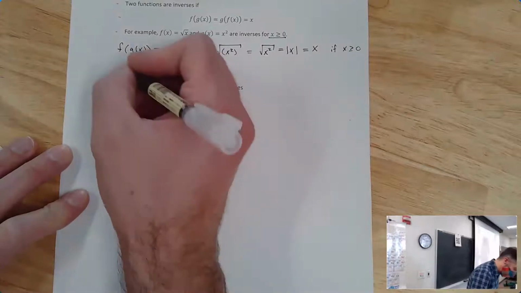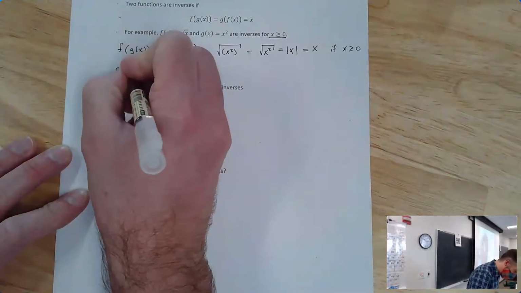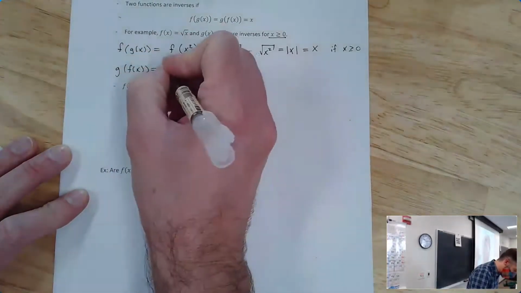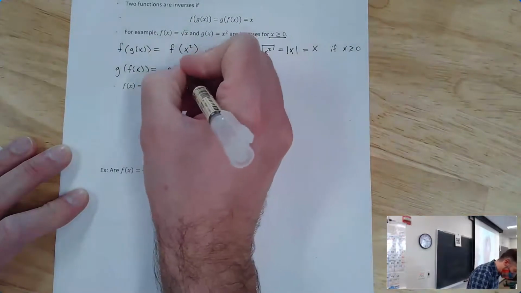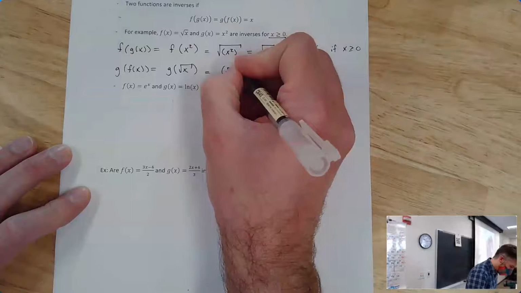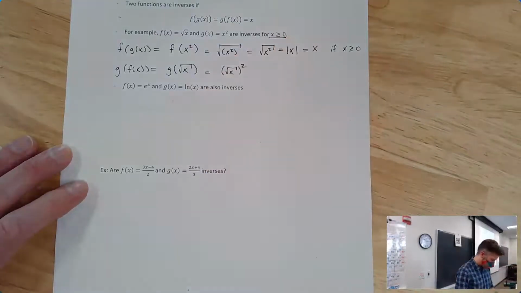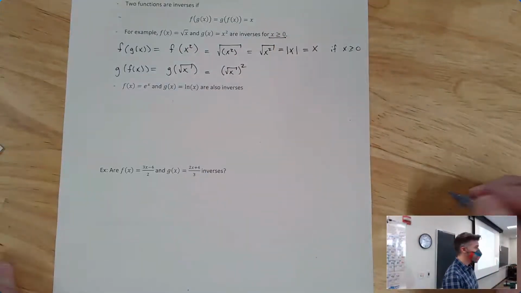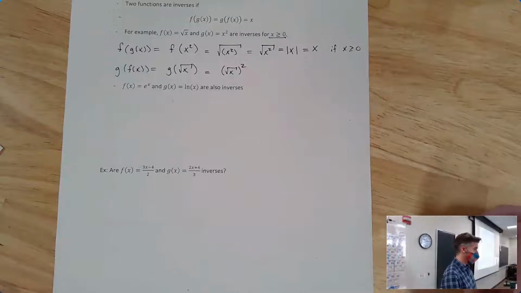So let's look at g of f of x. G of f of x is g of the square root of x, which is the square root of x squared. And this is just x all the time. X had to be positive already because you can't take the square root of a negative.